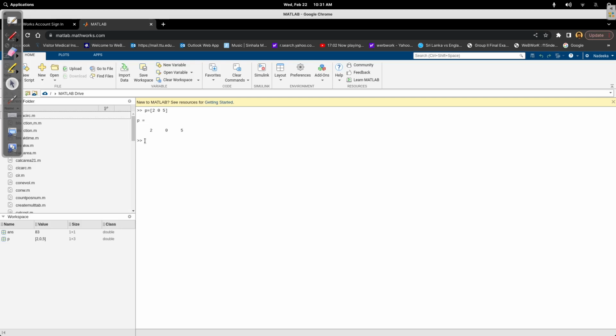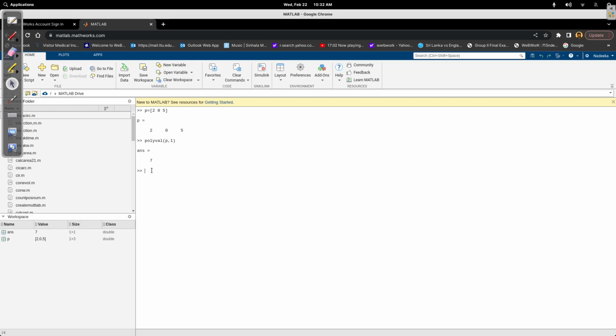I can use another letter here also, but I use p for polynomial, and then polyval. I give p, and if I want to evaluate at 1, I get a 7, so that is the correct value.